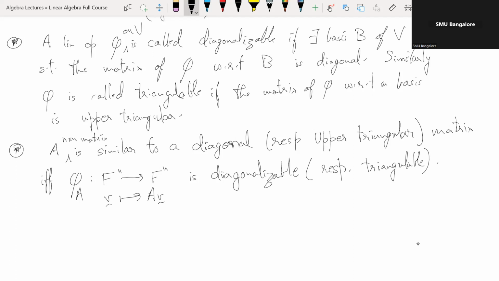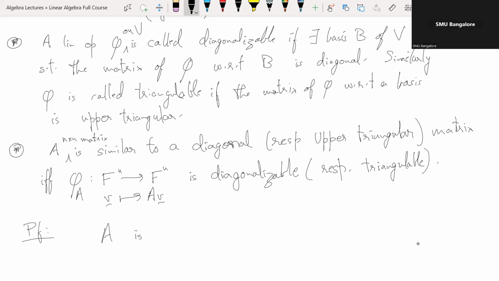So maybe I'll do both directions simultaneously. It's enough to do one of them, either diagonalizable or triangulable, since the argument is the same.